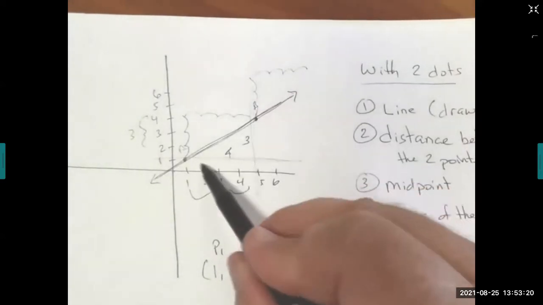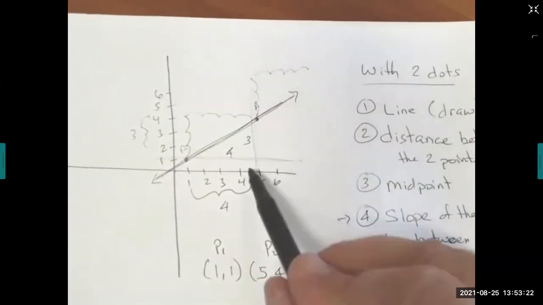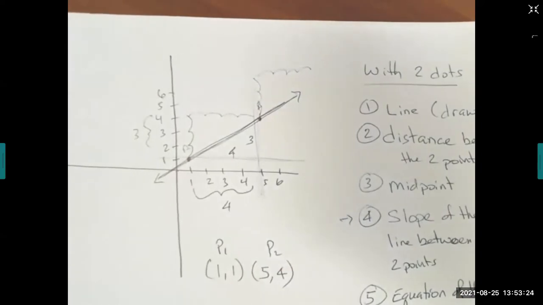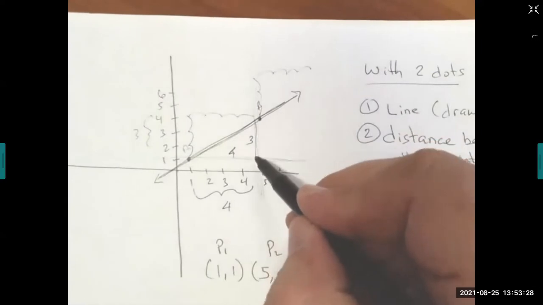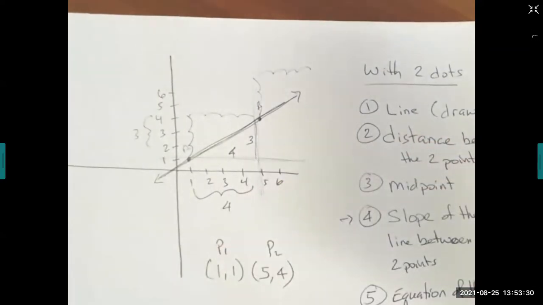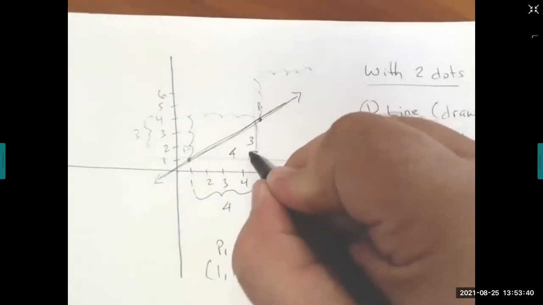When we drew this triangle here, what can we do now that we have a triangle? Do we know any formulas for triangles? What is that name? Starts with a P. Pythagorean theorem.